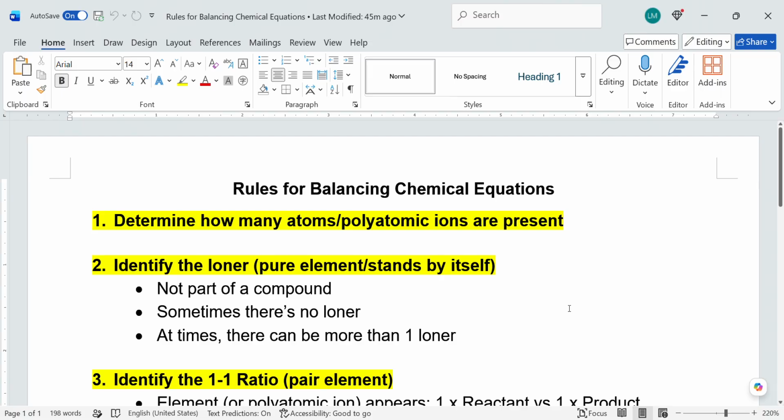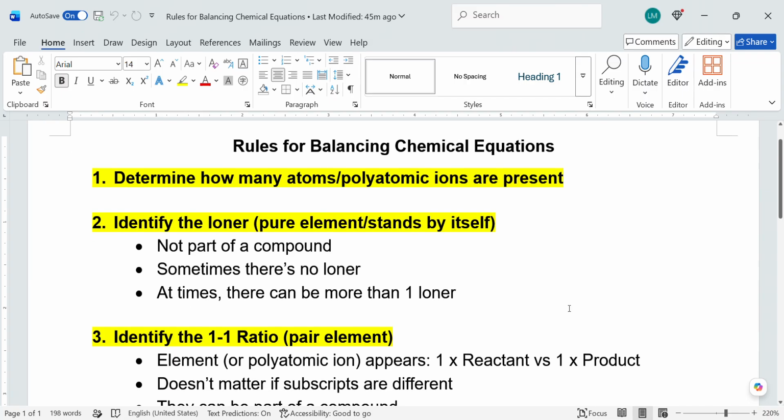So my first step is to determine how many atoms, and depending on the chemical equation, at times it's going to be atoms and polyatomic ions that you have present. So you start out by determining how many atoms, or how many atoms and polyatomic ions, you have present.